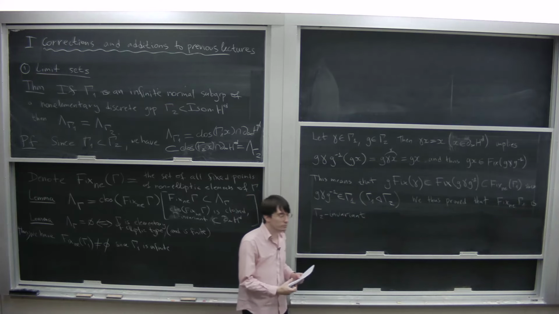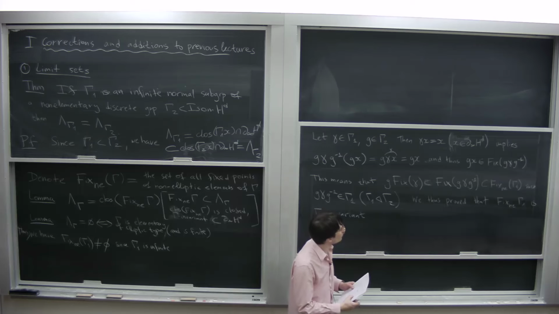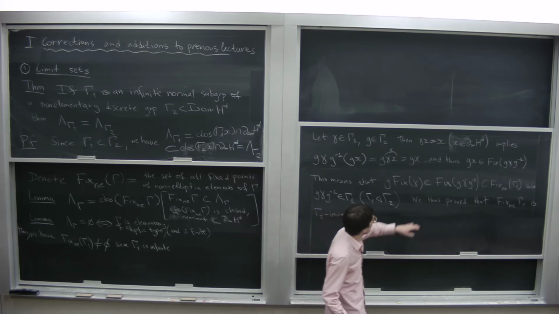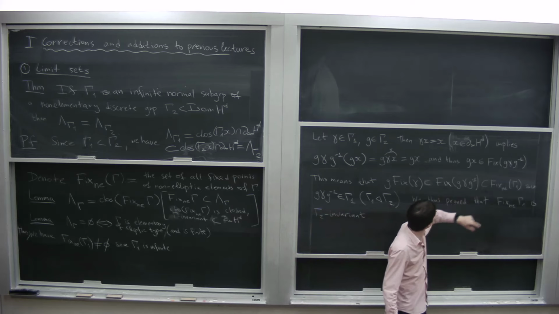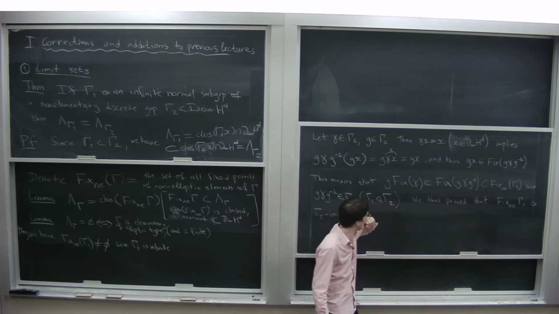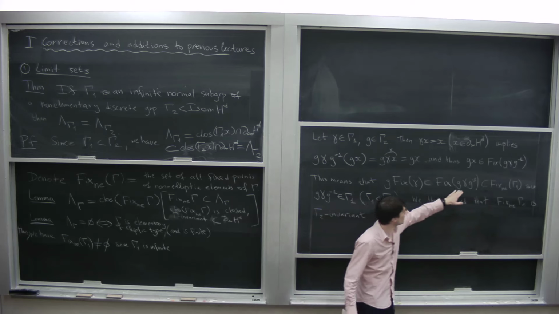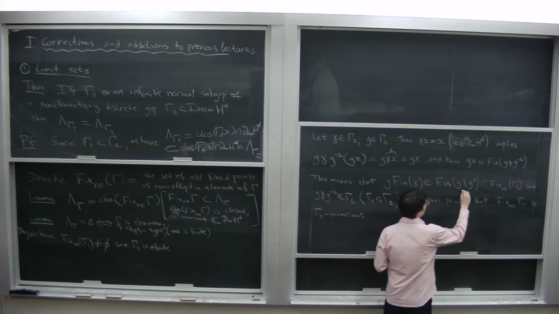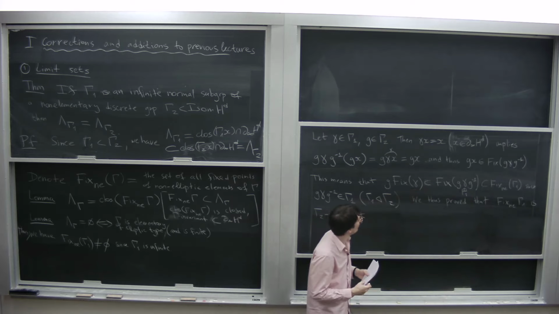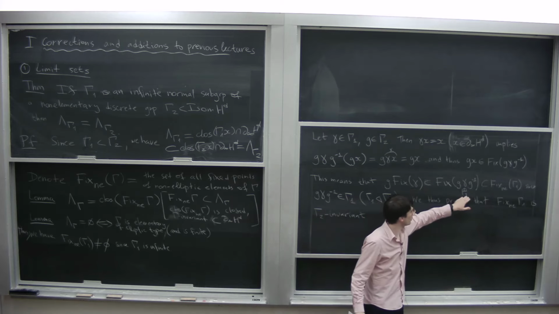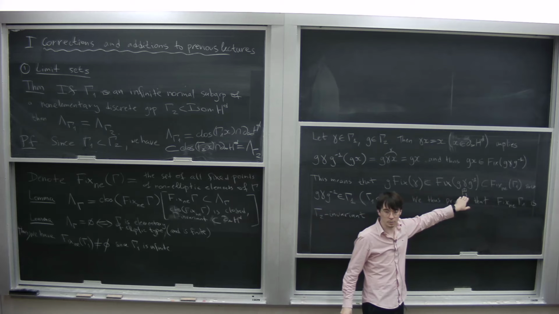Like, are we assuming that the fixed set is not empty here? Yeah, the point is that this is an element of gamma 1, and this is not an elliptic element.